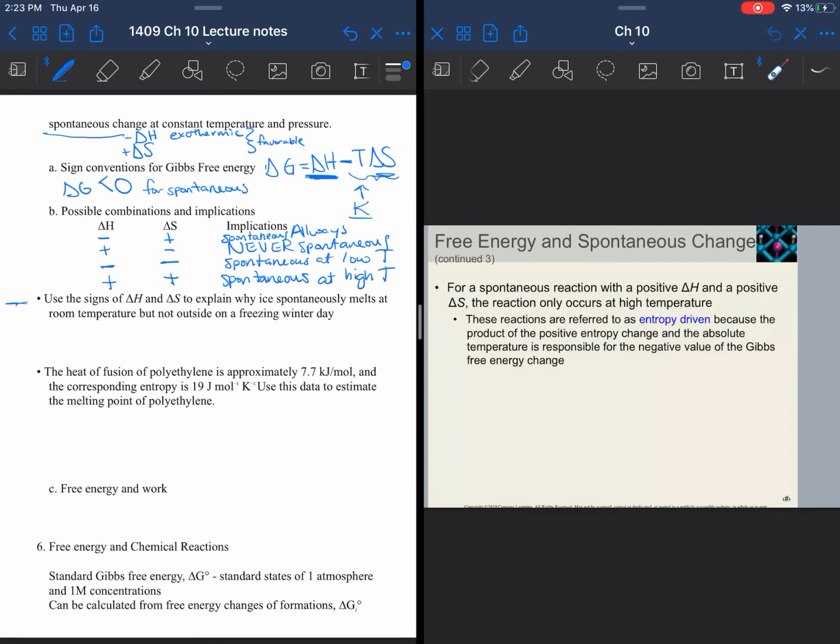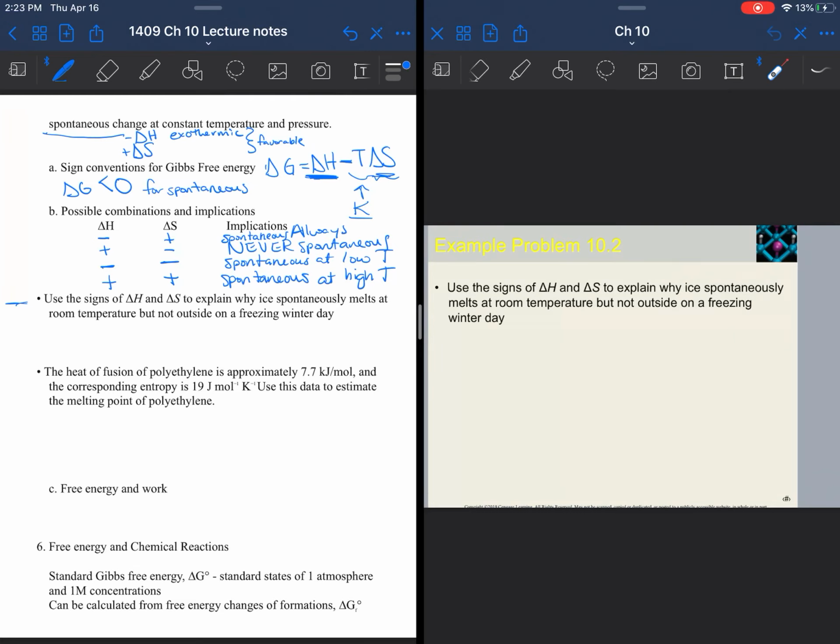It's getting more random because now the molecules can slip and slide past one another, and there's going to be more microstates.